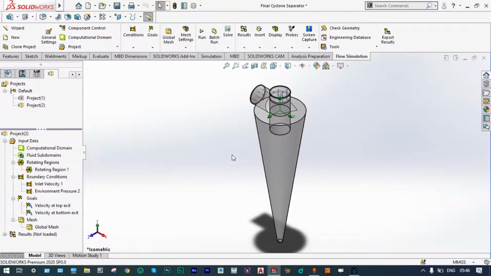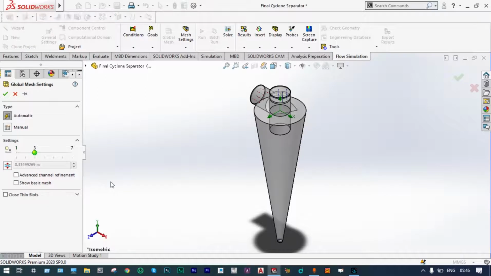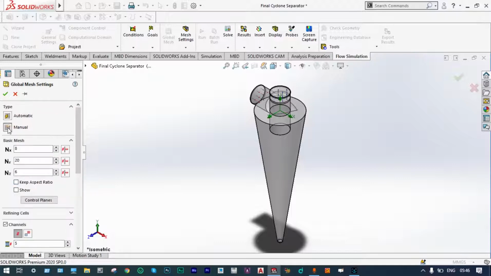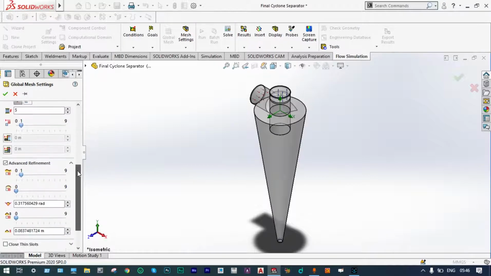Okay. Next to that we can have a better mesh to have better results. Let us see global mesh and we can edit these things. And for editing we can have refinement of mesh. Select from manual and let us see the refinement.